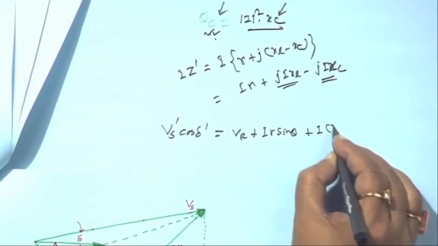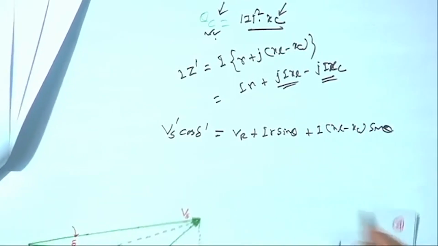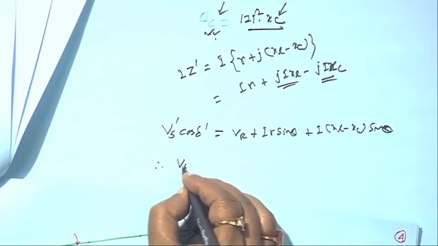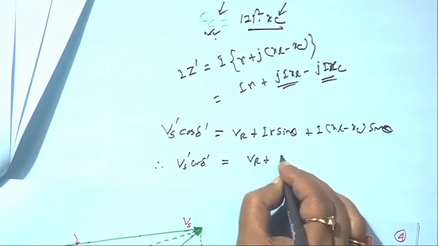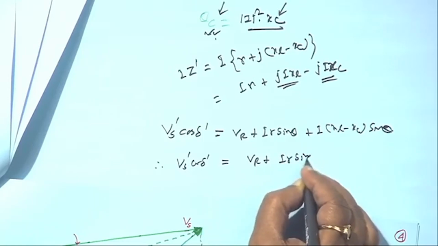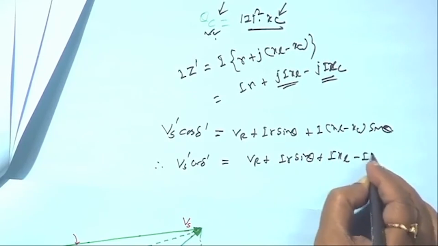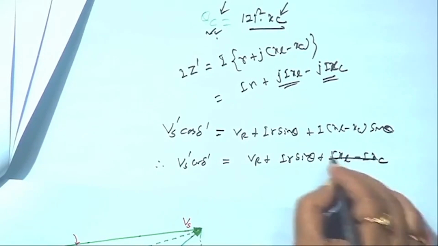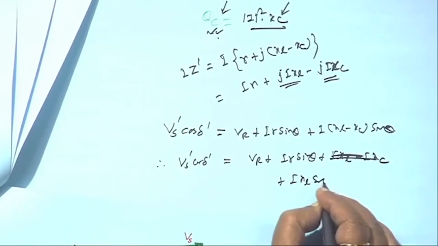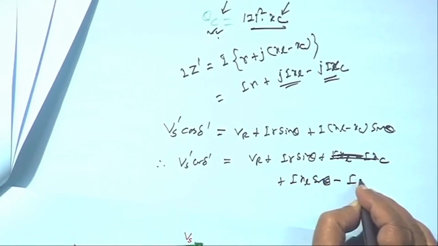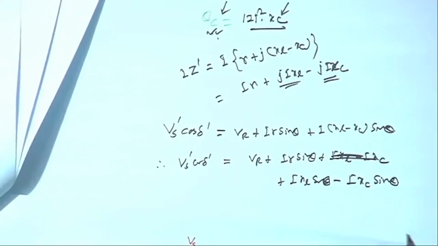That means Vs dash cos delta dash is equal to Vr plus Ir sin theta plus IXL sin theta minus IXC sin theta, right.